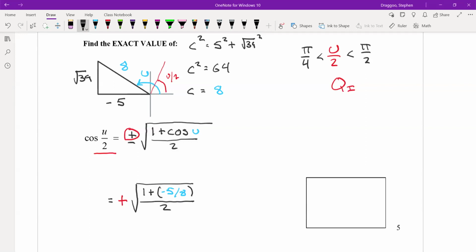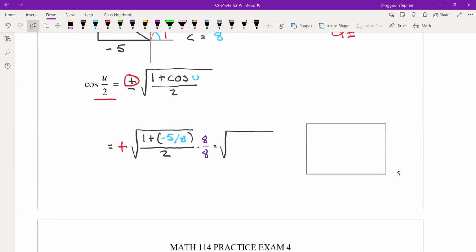But from here, what's up next? I want to simplify that thing. I'm going to multiply top and bottom by 8 over 8 to get rid of an extra denominator. This is going to give me the square root of, what are we looking at up top?